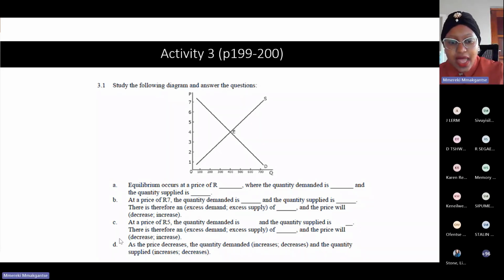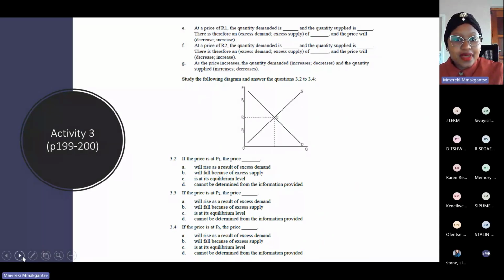So at 5 Rand, there is excess supply, it is above equilibrium, and the price will fall. Remember, excess supply puts downward pressure on the price. So as the price decreases, quantity demanded increases and quantity supplied decreases. Perfect.